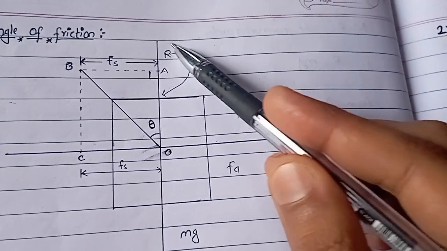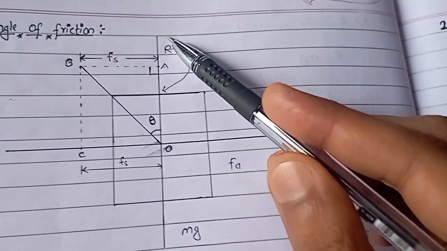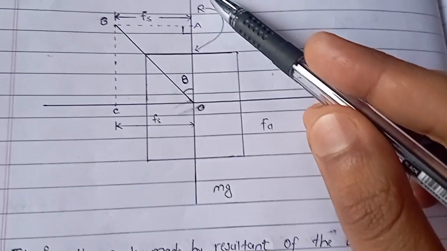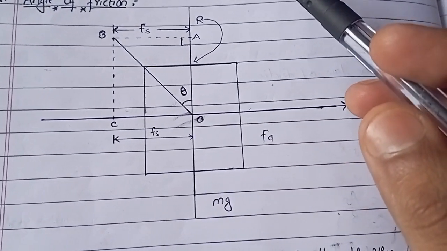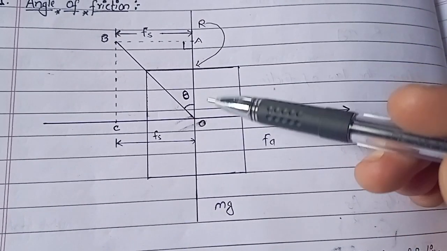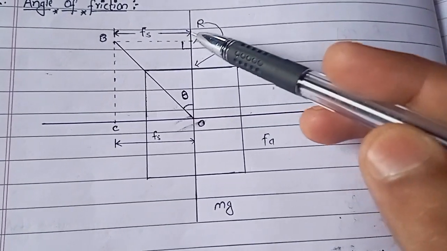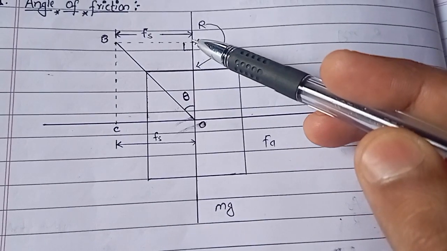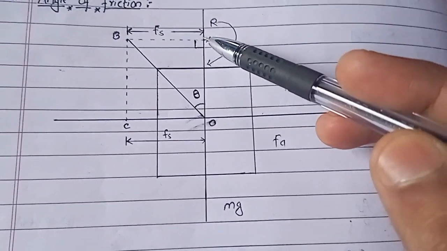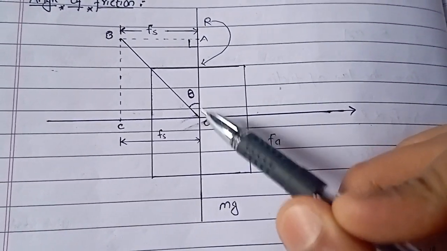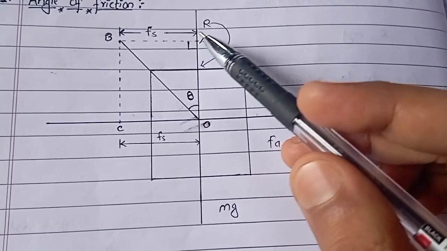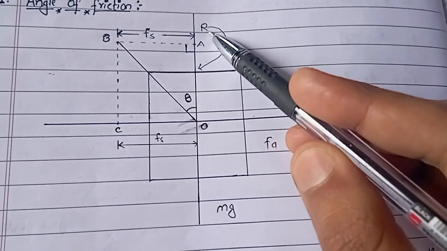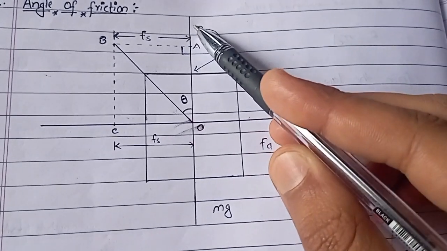This is R, the angle of repose. We can say O to A, this is the normal reaction, and this R is called the normal reaction.